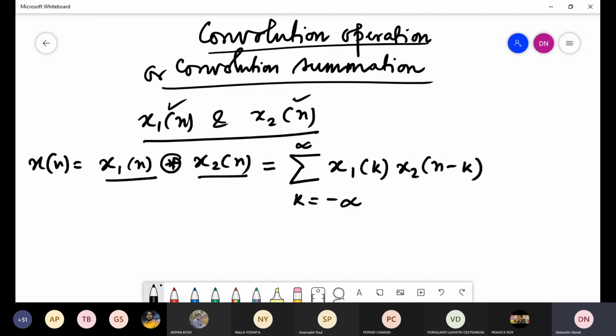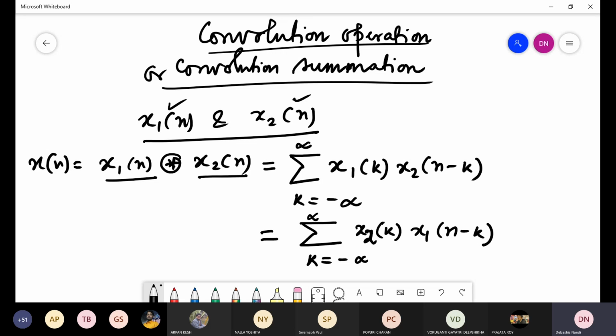This is convolution. Or you can interchange the positions, and write this also as summation k equal to minus infinity to plus infinity of x2k x1n minus k.